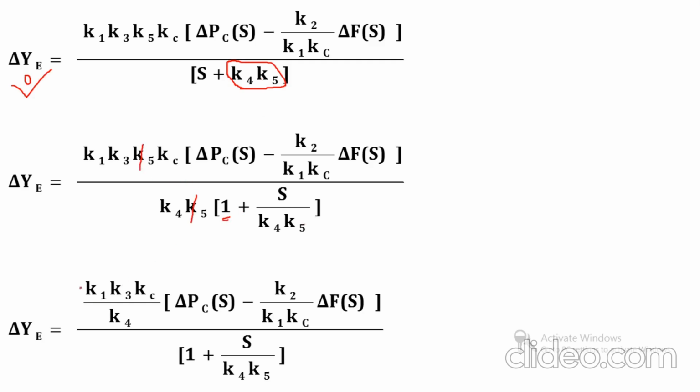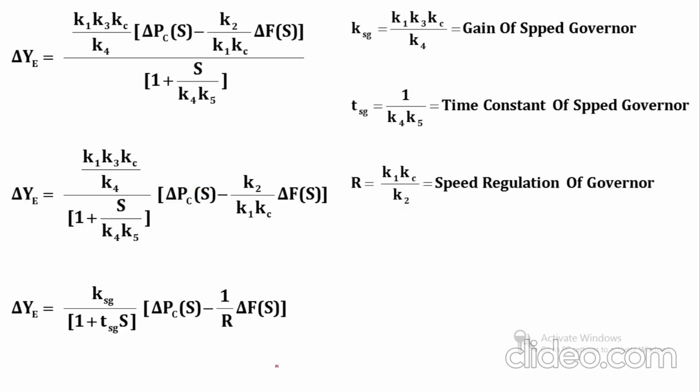So the constant will look like this, K1, K3, Kc, and I can write this denominator K4 as the denominator of the numerator. So K1, K3, Kc upon K4 multiplied by delta Pc of S minus K2 upon K1, Kc delta F of S, whole divided by 1 plus S upon K4, K5. So this is the equation of delta YE.